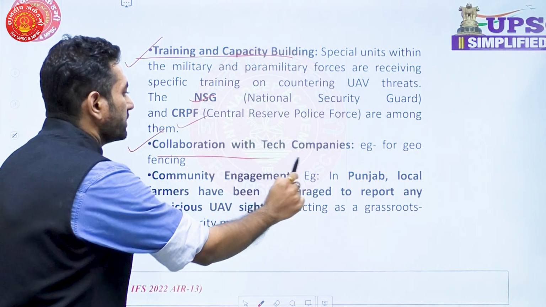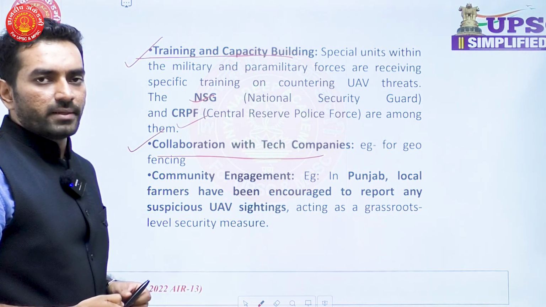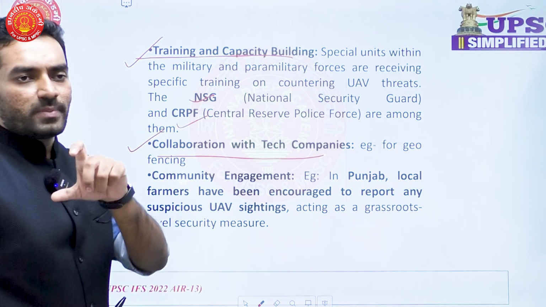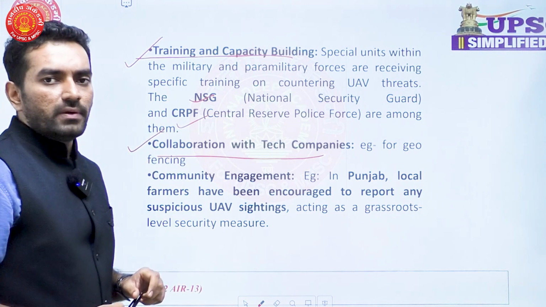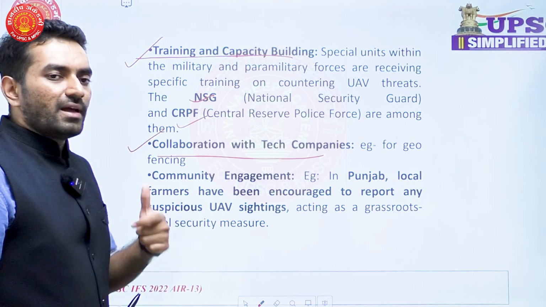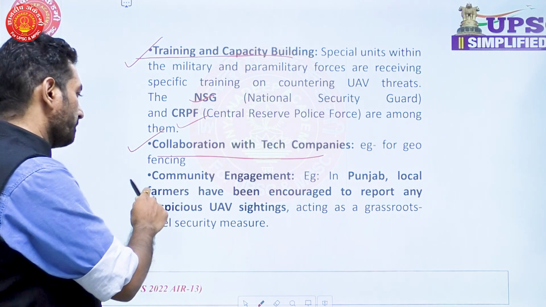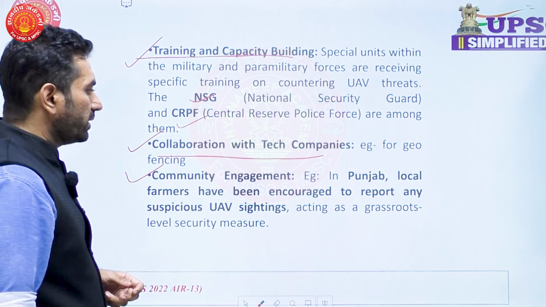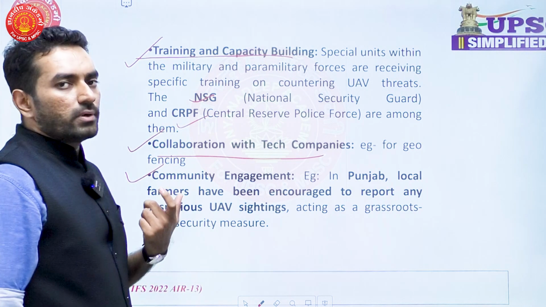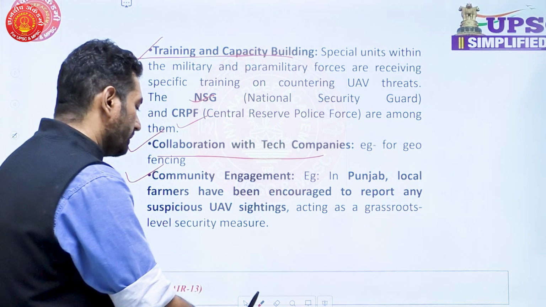Next is collaboration with technology companies for geofencing of UAVs. Geofencing defines a specific range for the movement of UAVs, and only within that range can a UAV fly under the remote control or the operator. Next is community engagement, like done in Punjab, where local farmers have been encouraged to report any suspicious UAV sighting.